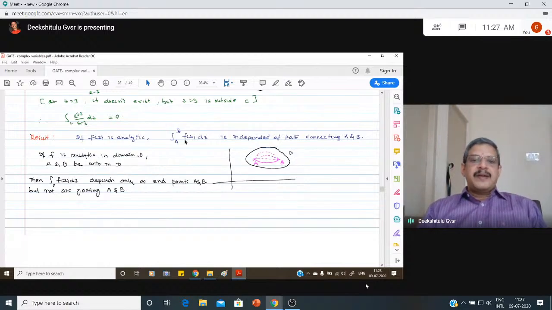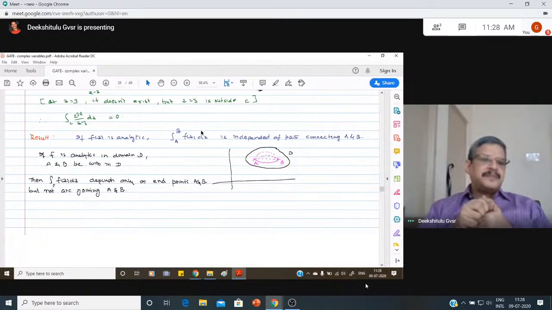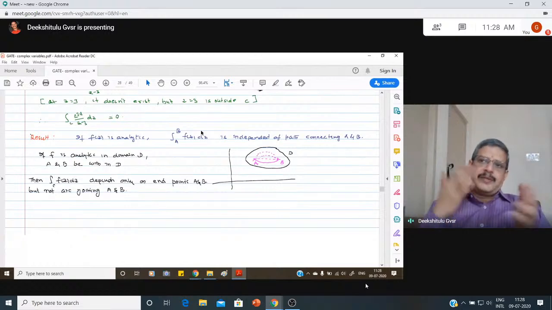We have here integral a to b f of z dz independent of the path connecting. So if you go a bit further, you can find a relation between those things. In vector calculus we deal with 3-dimensional geometry also, but complex space is 2-dimensional. If you restrict that to 2 dimensions, you can see some relation between these integrals and those integrals.